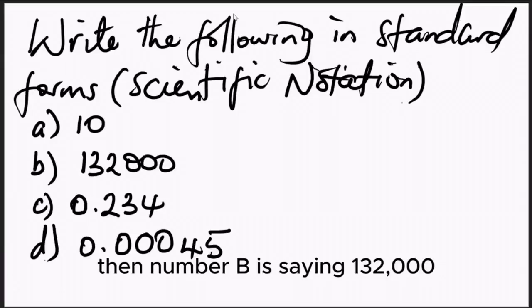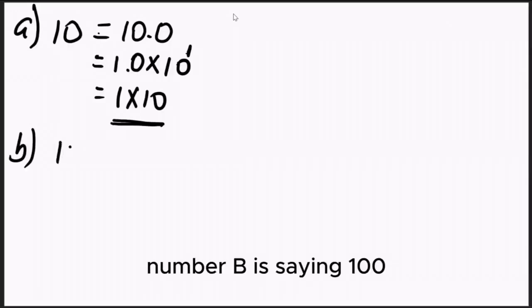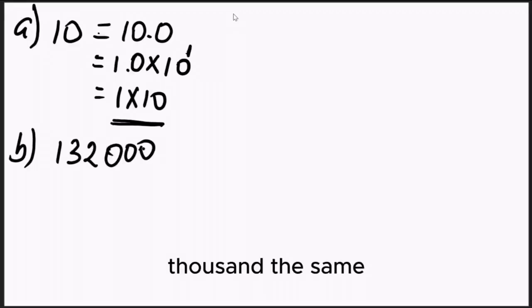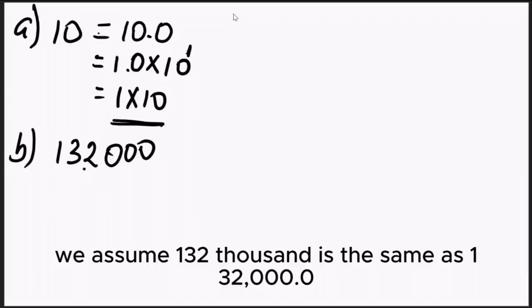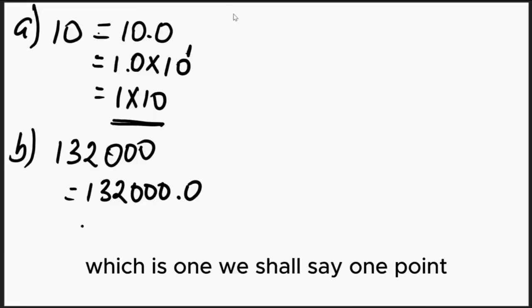Then number B is saying 132,000. The same, you assume 132,000 is the same as 132,000.0. Then we shall deal with the first non-zero number, which is 1.